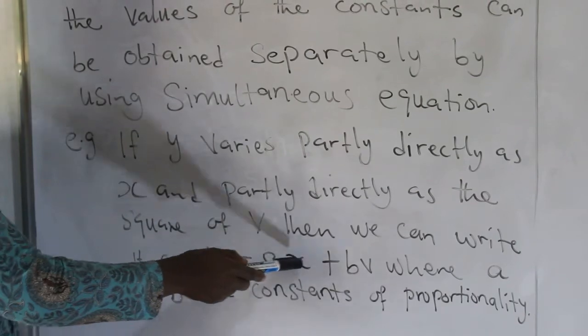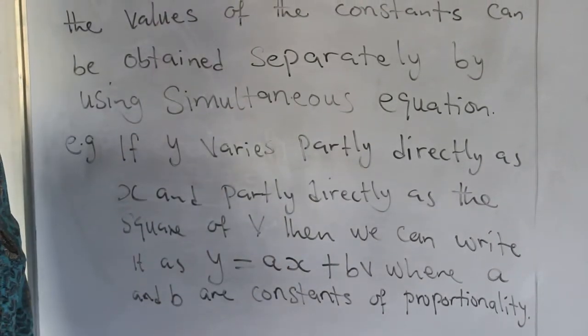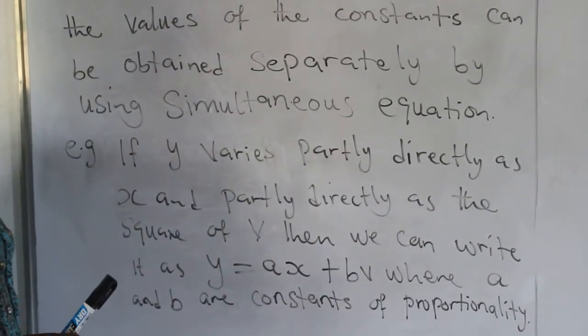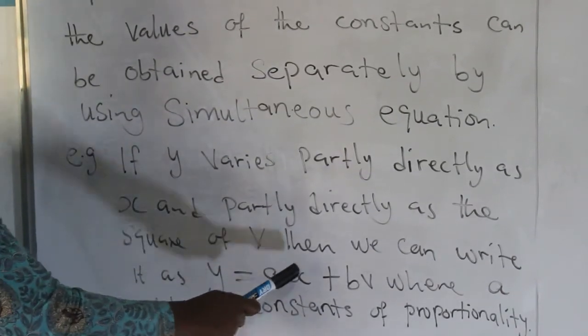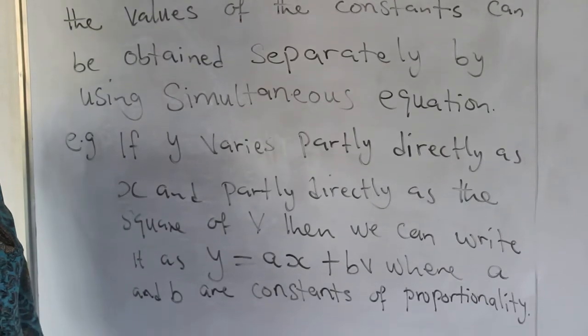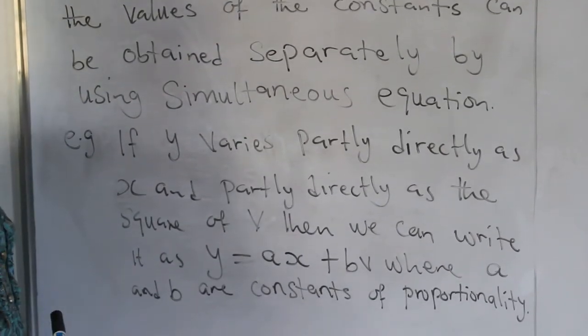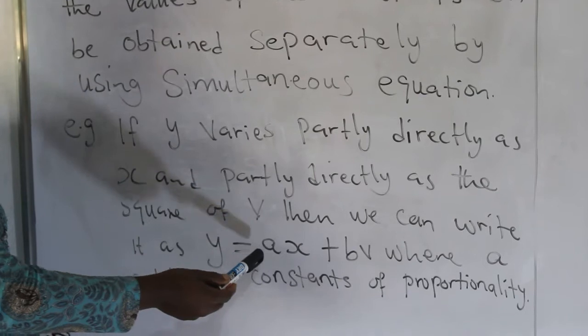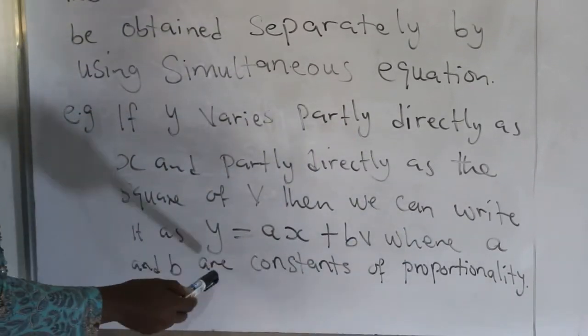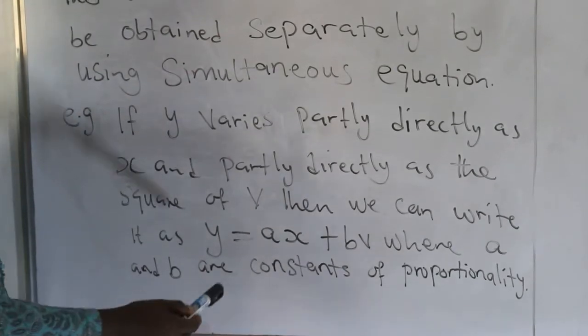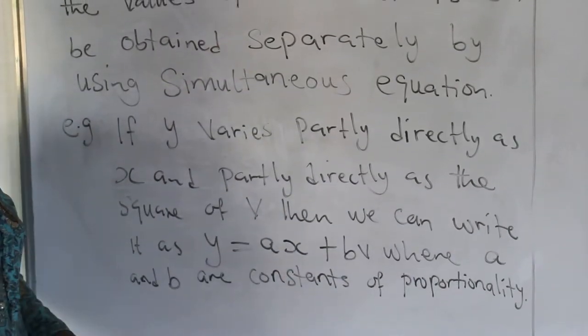Now a and b, they are the constants we are talking about. Remember I told you there are 2 constants, which is either a or b, or you can use any other variable of your choice. But remember, make sure you always write it. Like this one that I'm using a and b, I will now write where a and b are the constants. So they are the constants of proportionality.